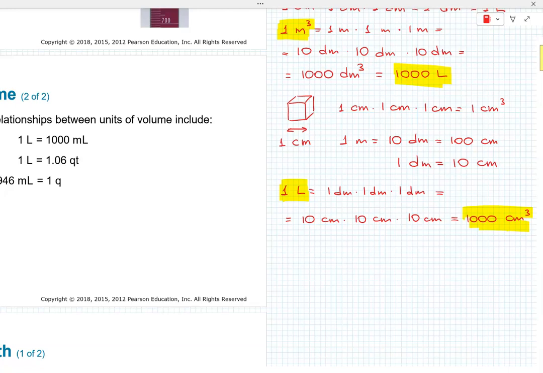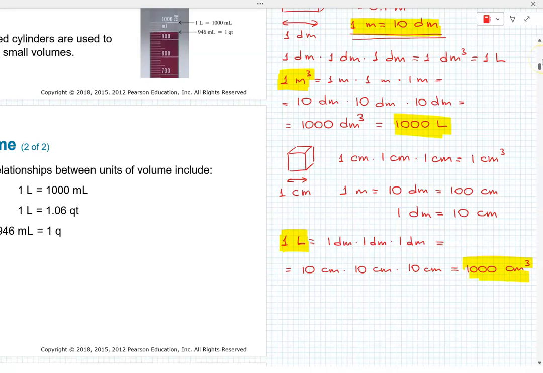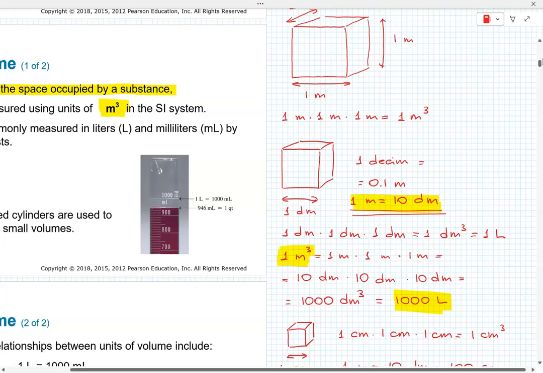When we get to the prefixes, centi, deci, kilo, milli, all that kind of stuff, okay? For instance, we mentioned that 1 decimeter is 1/10 of a meter. Remember?